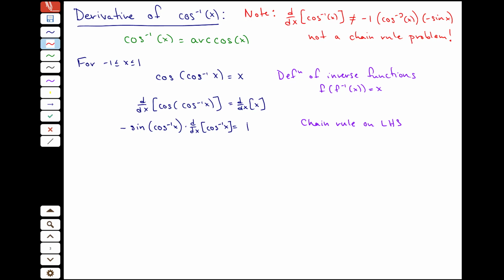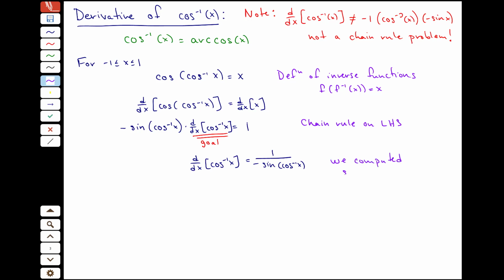Now, what we want to find is this. We want to find the derivative of arc cosine. This is our goal in this problem, and so we're going to solve for that expression. We're going to divide both sides by negative sine of arc cosine. And this is why at the beginning of this video we computed sine of arc cosine.